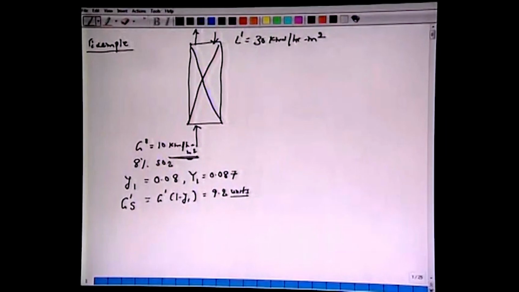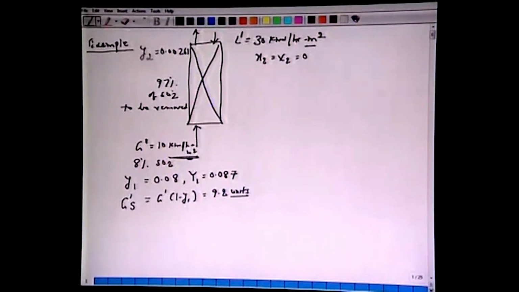Again, make a note of this superscript L prime, because we are writing this flow rate per meter square of cross sectional area. It is a pure solvent, so X2 equals 0. It is given that 97% of sulfur dioxide has to be removed, which means Y2 can be calculated as 0.00261.